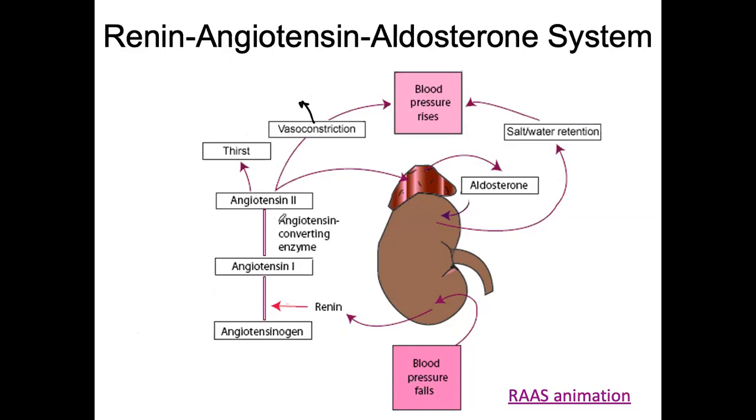This enzyme is attached to epithelial cells in the lungs, epithelial type 2 cells. Angiotensin is going to cause vasoconstriction, but then actually, maybe we'll do it over here.